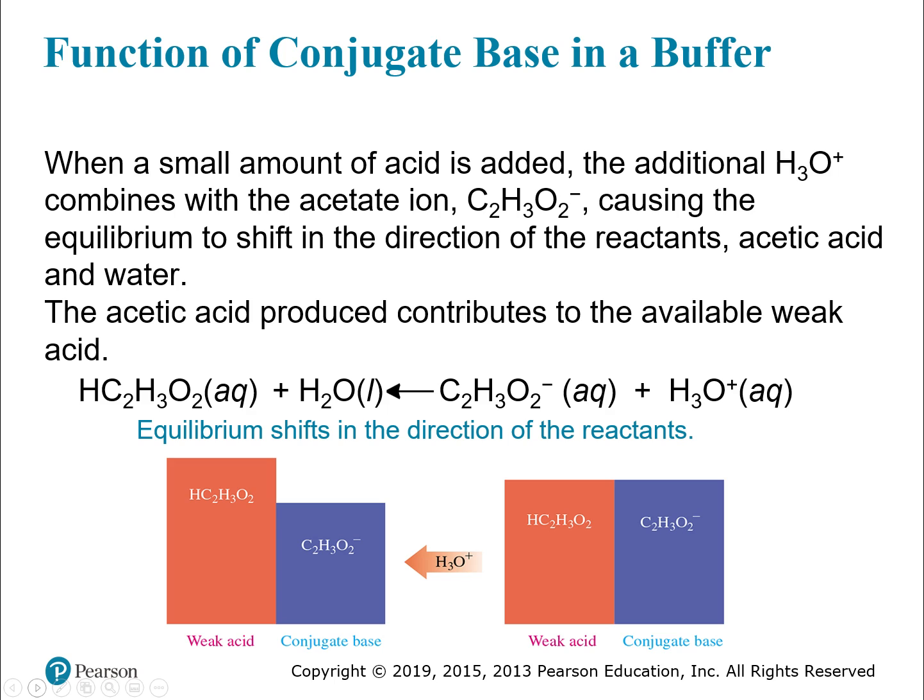When you have a buffer and you add a little bit of acid, then we have something different happening. Our acid is the H3O plus, and that is going to interact with that acetate ion.